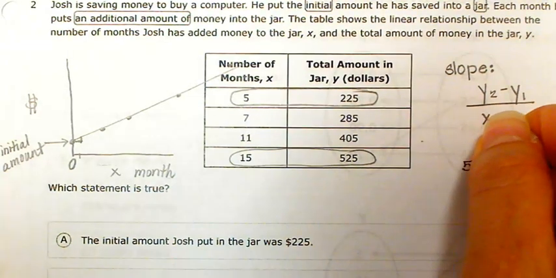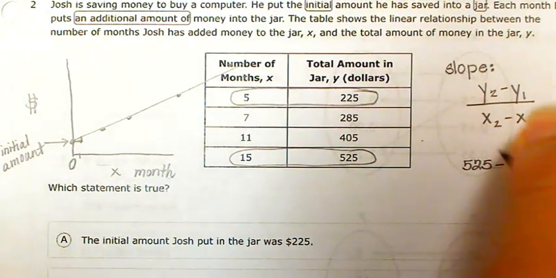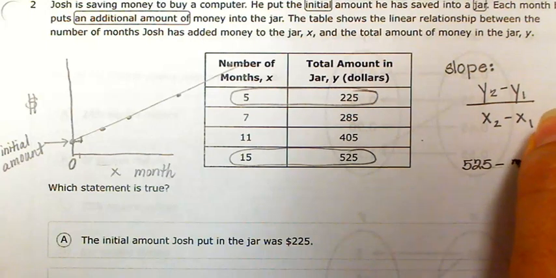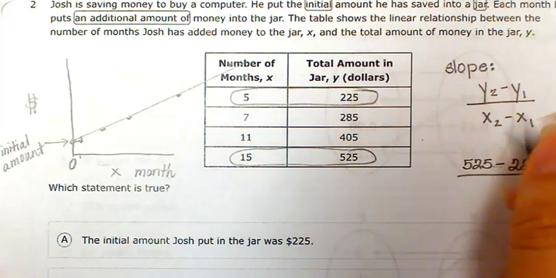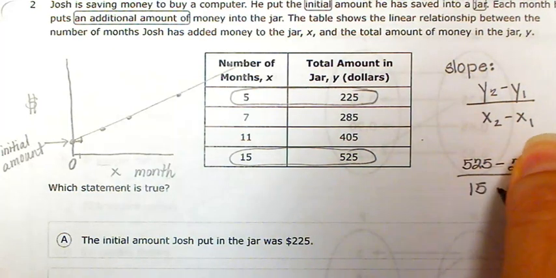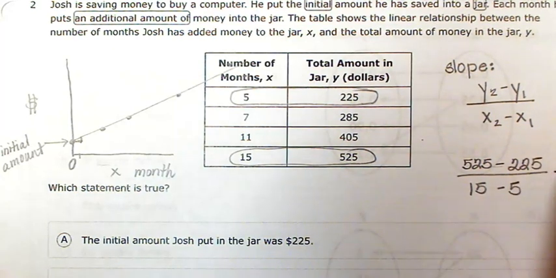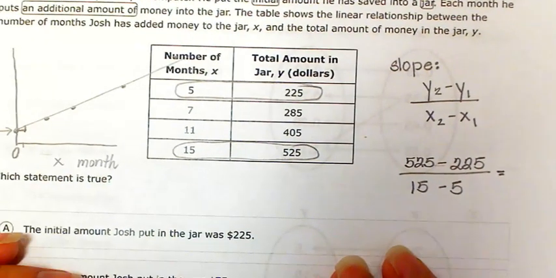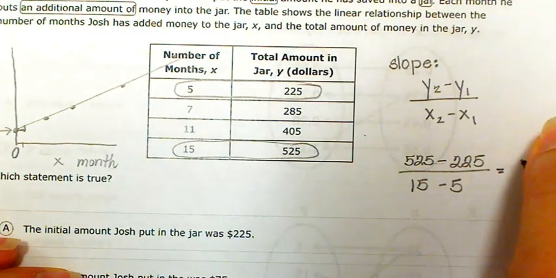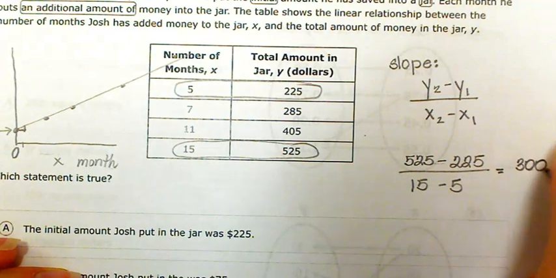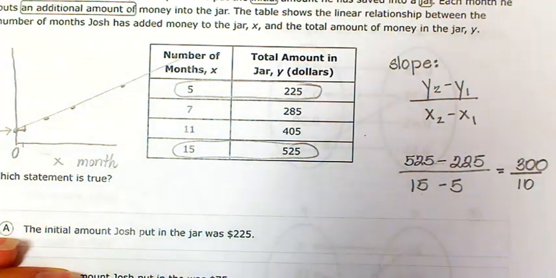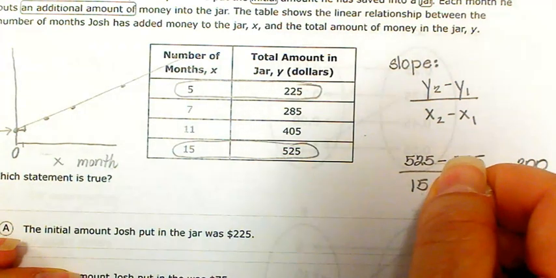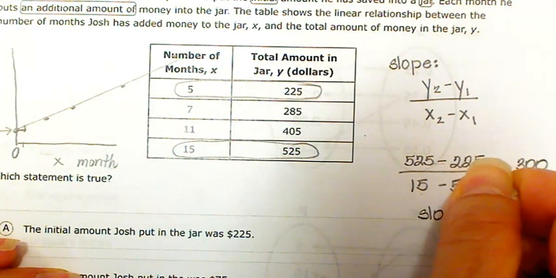So 525 minus y1, 225, over 15 minus 5. Okay. 525 minus 225 is 300, divided by 15 minus 5 is 10. 300 divided by 10, my slope is going to be 30.